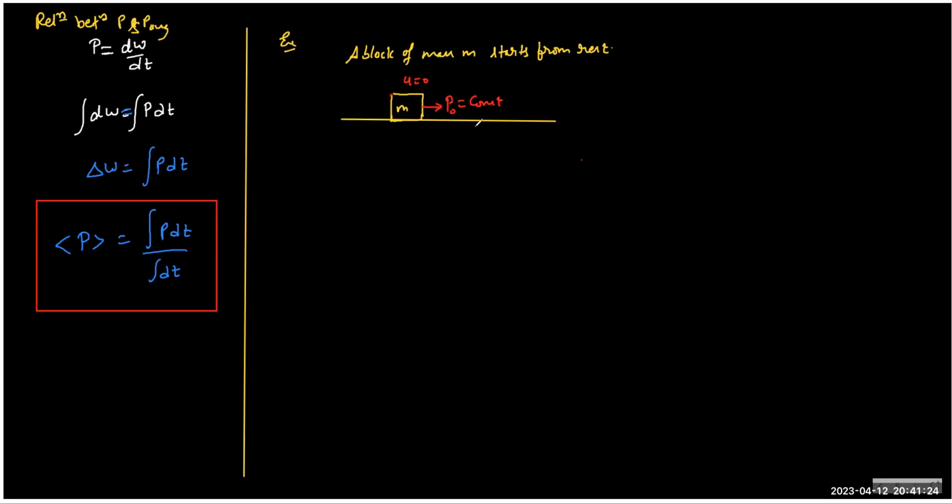What is the meaning of power? You always supply an equal amount of energy per second. If you give energy, the block will speed up. So in time t, how much energy will be supplied?